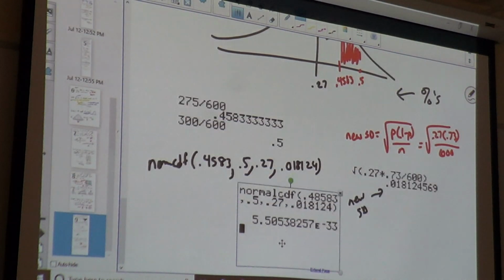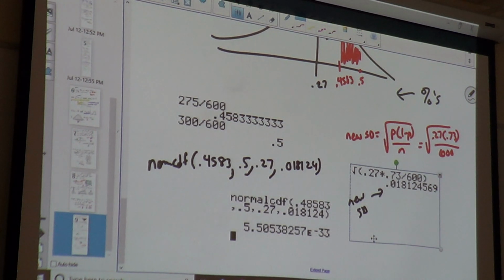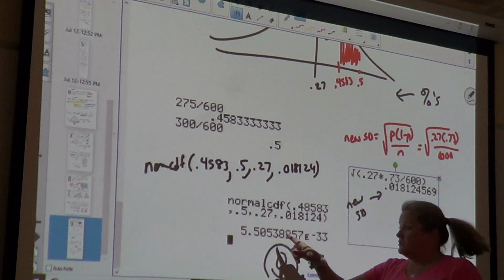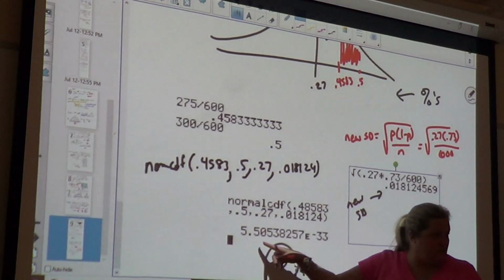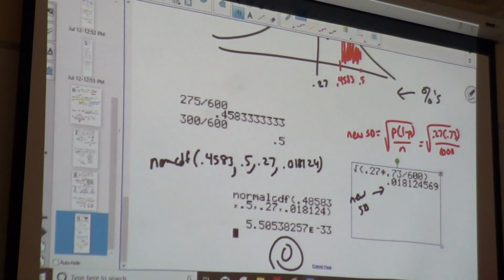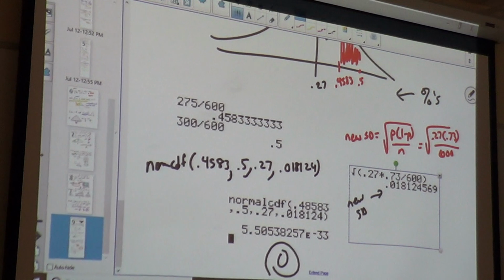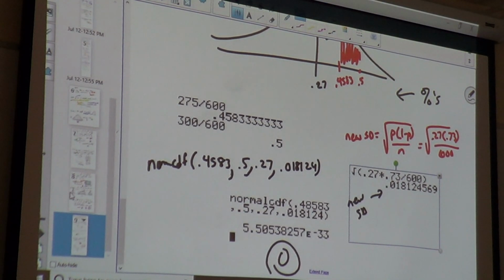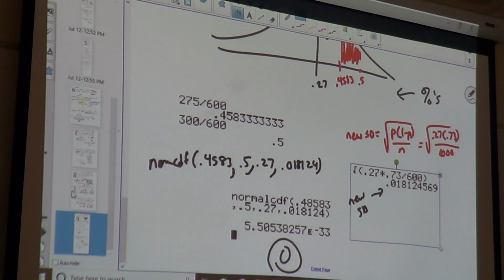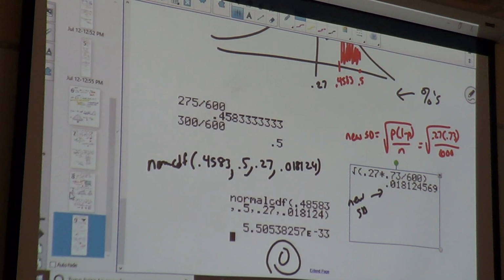And what should that answer be? 0. Because that's telling me that I went 33 times to the left, so it's going to be 0.000000000 and so on. So that's going to be 0, which means I made it up, which means it was a crappy number. So that gives you practice, and I'll put out a few more on Wednesday if you want me to, because I know most of y'all won't take the test till next Monday anyway.